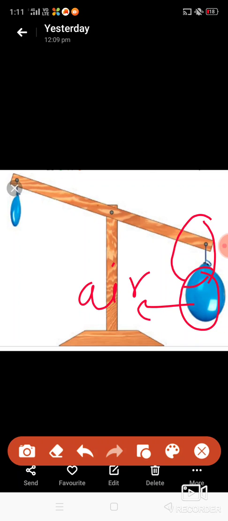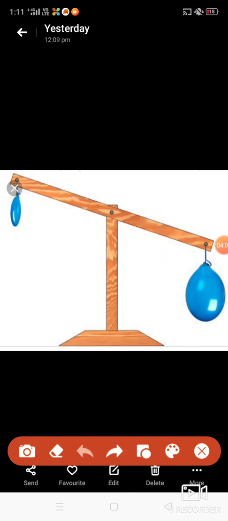After adjusting this, we will see which balloon is heavier. So this experiment shows that air has mass. Now air occupies space and has mass also, so air is considered as matter.